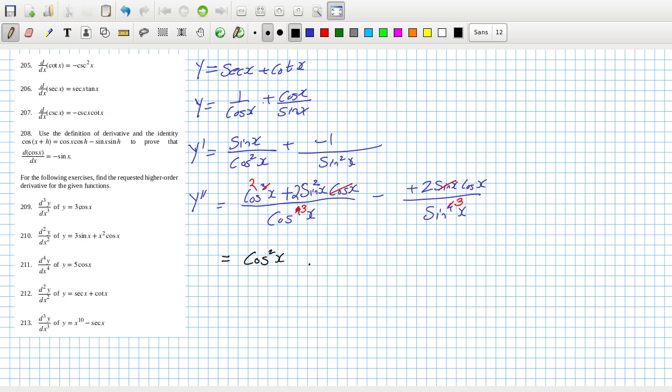Cos squared x plus 2 sine squared x over cos cubed x minus 2 cos x over sine cubed x. I could change 2 sine squared into 2 minus 2 cos squared. That might be better for simplifying this.